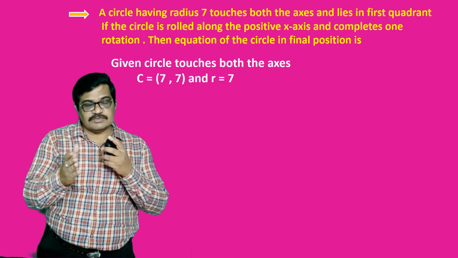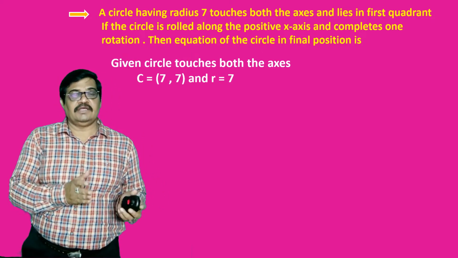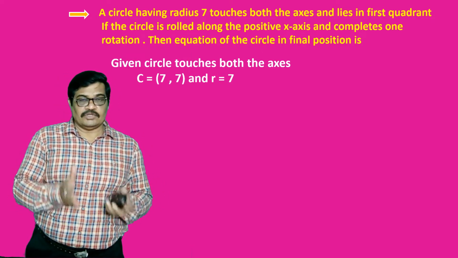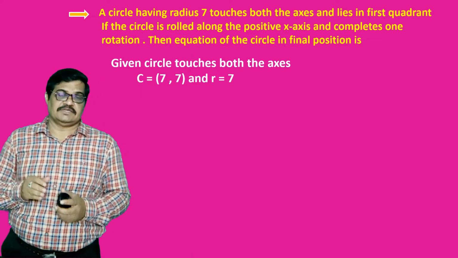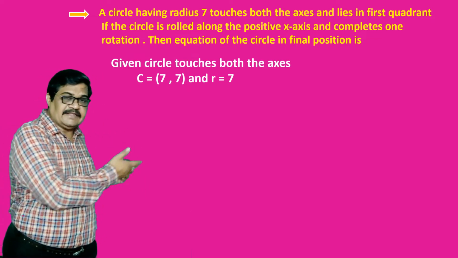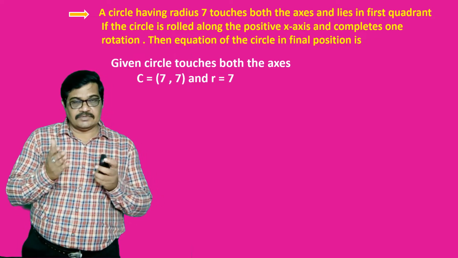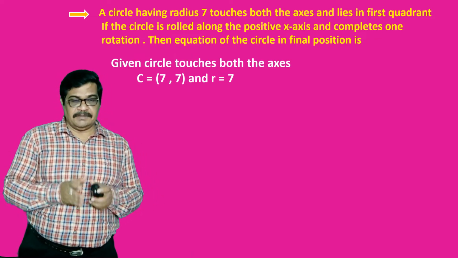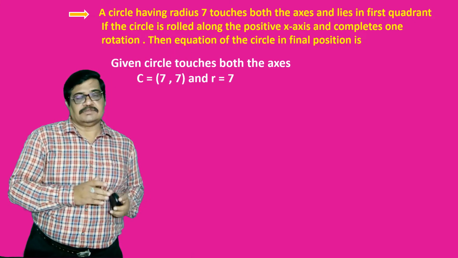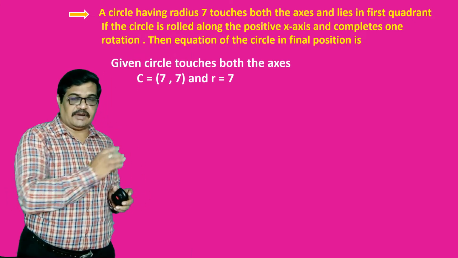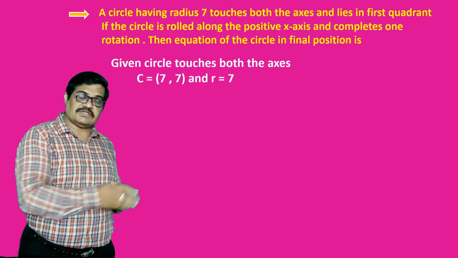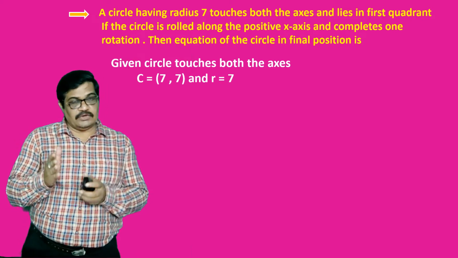When the circle touches both the axes, the center coordinates are both equal to the radius. So here the center is (7, 7) and the radius is 7.